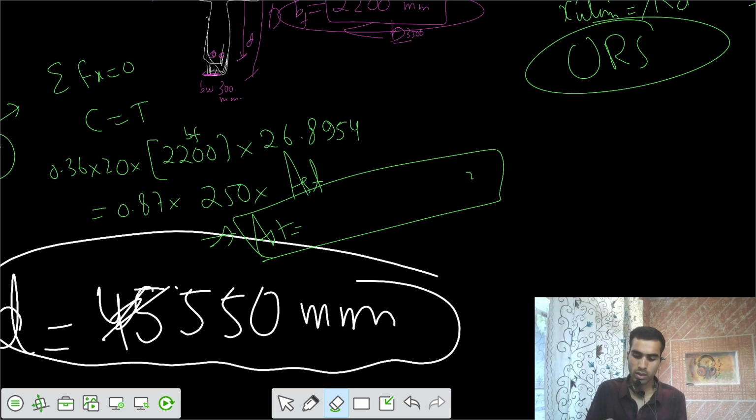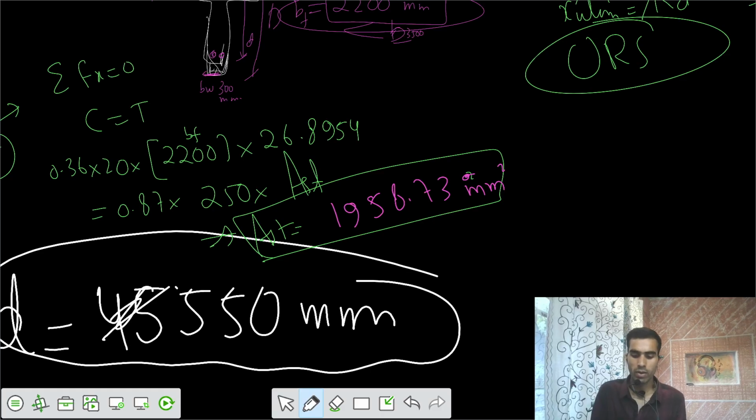0.36 FCK BW BF XU, and this is your value, and divided by 0.87 FY, 1958.73 millimeters square.